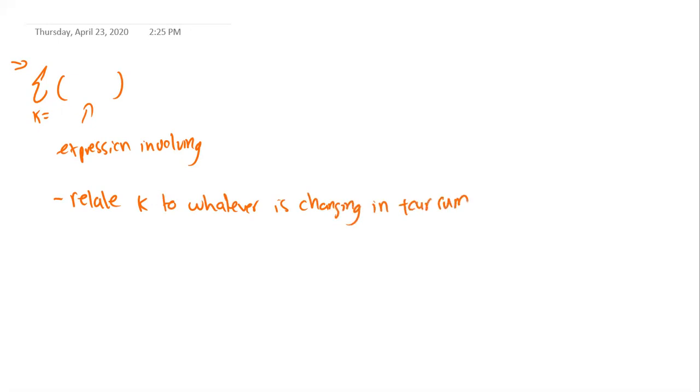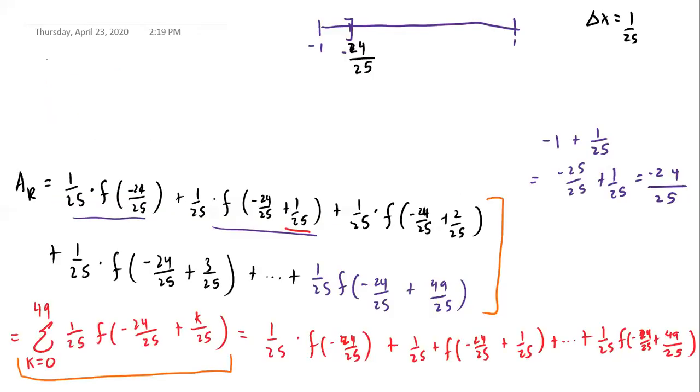To show you again, when we were doing these sums, we saw that the only thing changing was when we added the 1 over 25. So it makes sense that in our sigma sum notation, we make our index represent that thing that's changing, which was the numerator of the fraction with 25. And that's how I got that thing there.